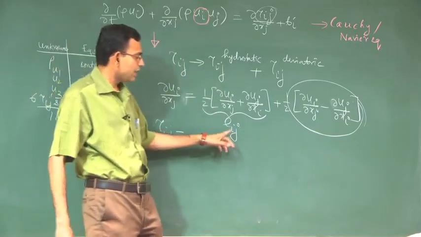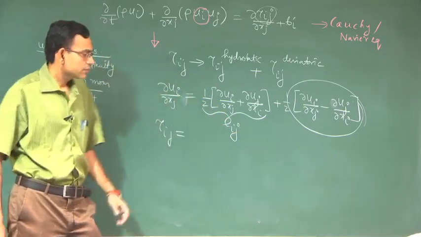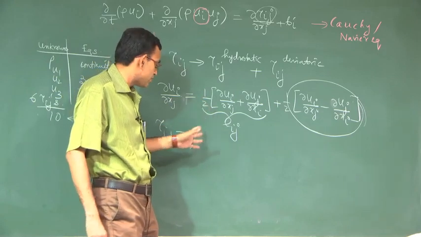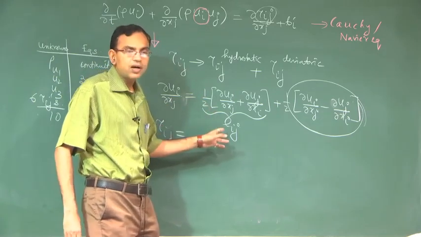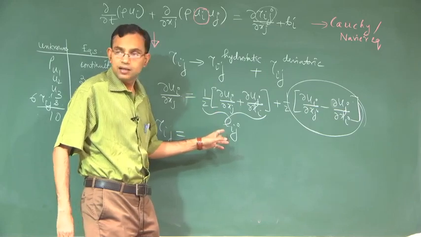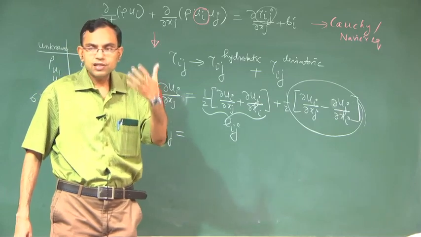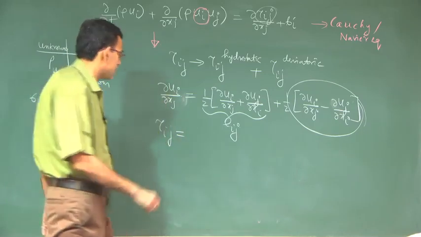So, with E we can write, instead of ij, maybe kl. Now, the more important thing is what transforms this second order tensor to another second order tensor E kl, that is a fourth order tensor. A fourth order tensor transforms a second order tensor to another second order tensor.